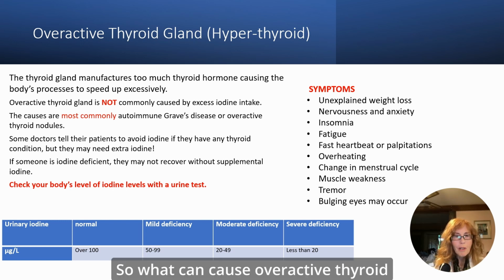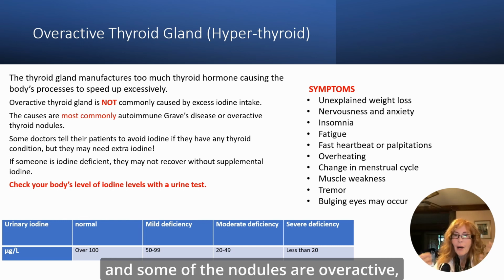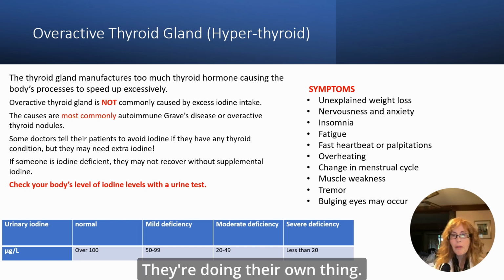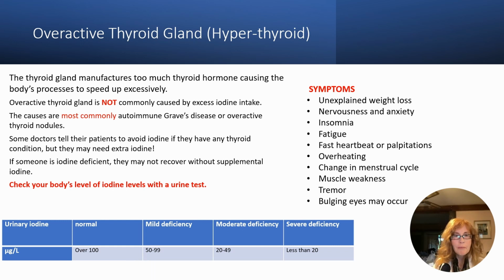What can cause overactive thyroid is if you have a multinodular gland and some of the nodules are overactive. They're producing too much thyroid hormone. They're doing their own thing. They're no longer regulated by the pituitary gland.